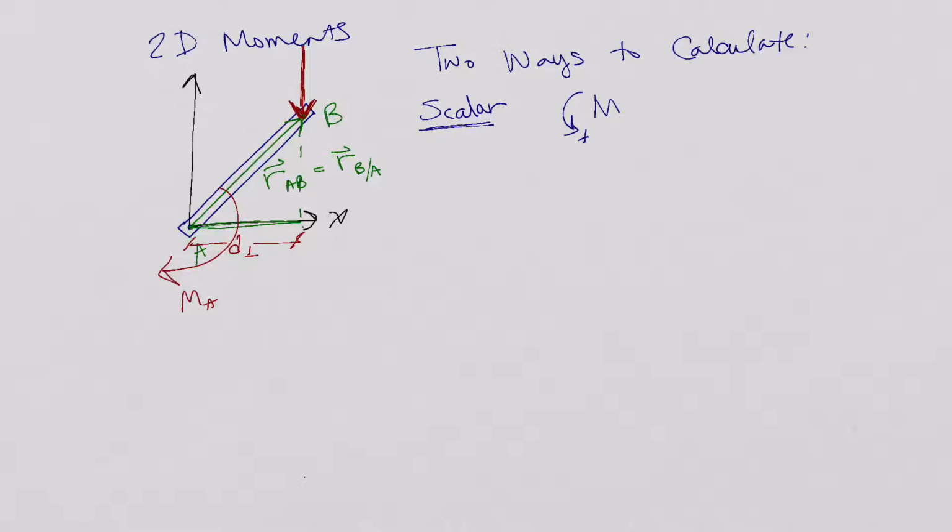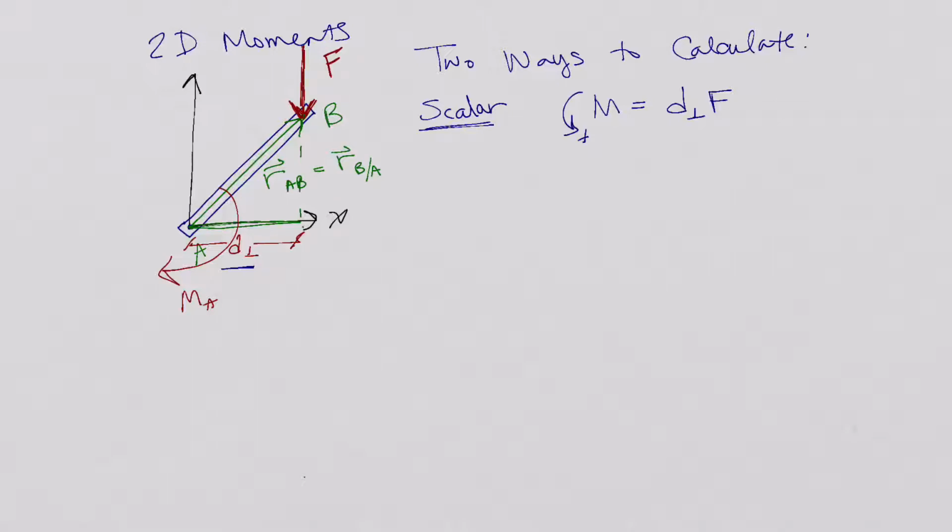If we curl our fingers the way the arrow is pointed, our thumb points out, toward us, and that denotes positive. That equals the perpendicular distance times that force. So in our drawing over here, it would be this perpendicular distance times that force.